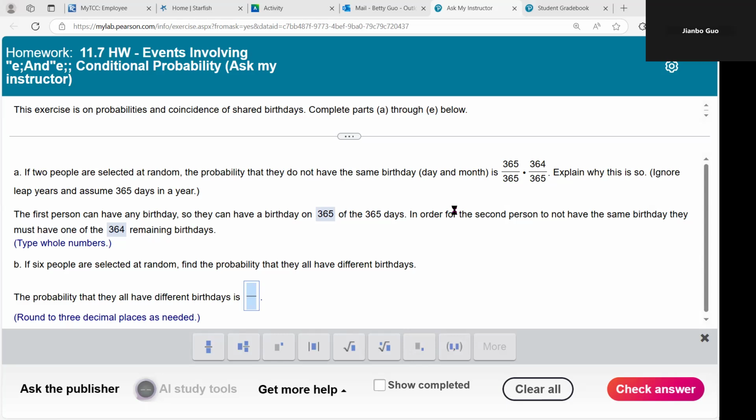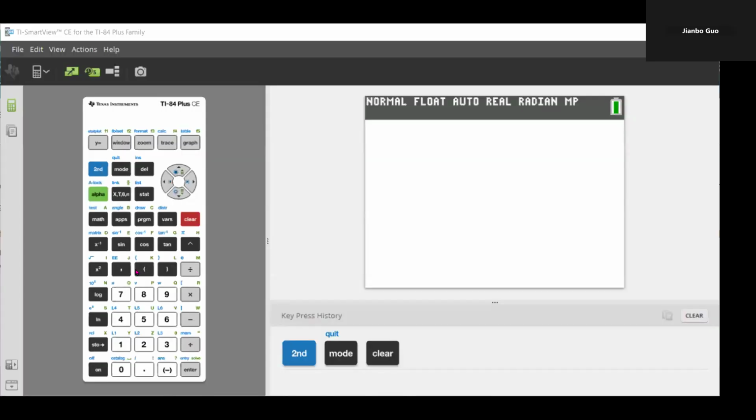All right, I'm going to stop sharing that and then share my calculator. So basically, the denominator, as I said, is 365 to the power of 6.